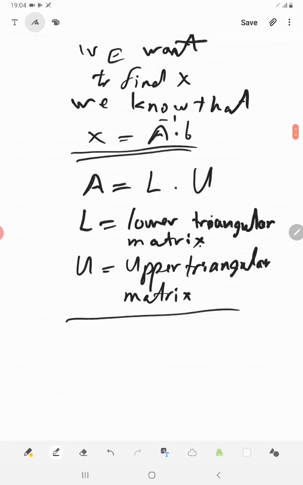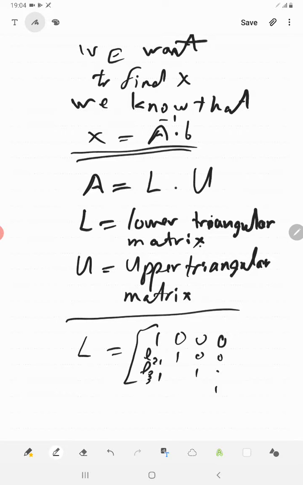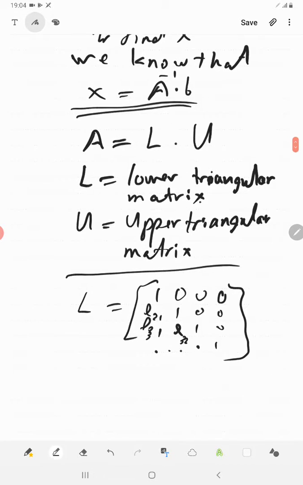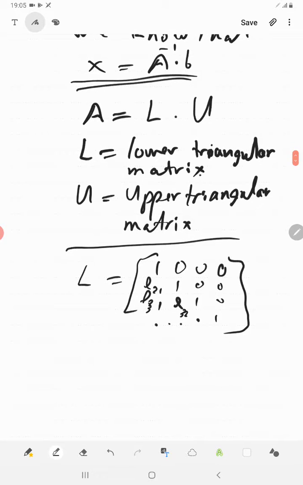Okay, basically L is equal to 1 1 1 1 on the diagonal, and then here you have L21, L31, and so on, and here 0 0 0 0 0 0, and here you have L32, and so on. So the upper triangle has 0, while the lower triangle has a diagonal of 1s, and the other elements are full of elements.